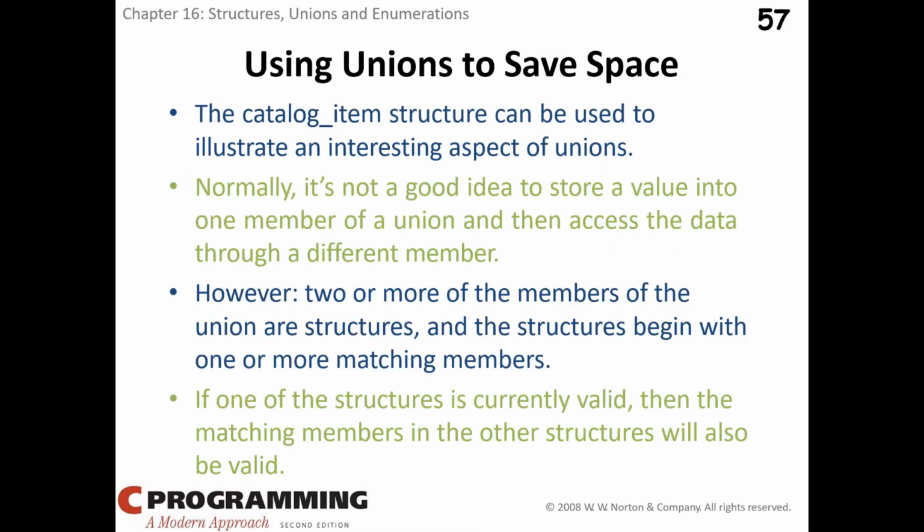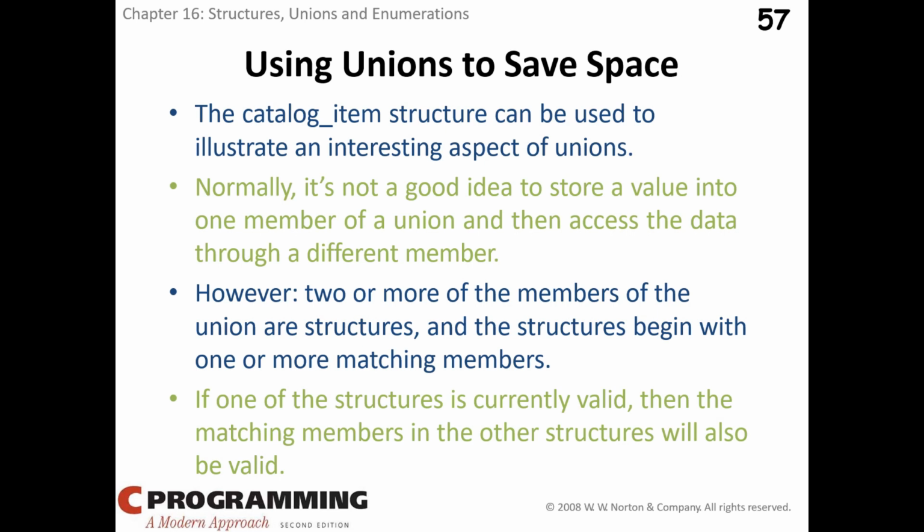Conventionally, it's cautioned against storing a value into one member of a union and subsequently accessing the data through a different member. However, there exists a scenario where this practice can be deemed acceptable. Consider a scenario where two or more members of the union are structures, and the structures commence with one or more matching members.